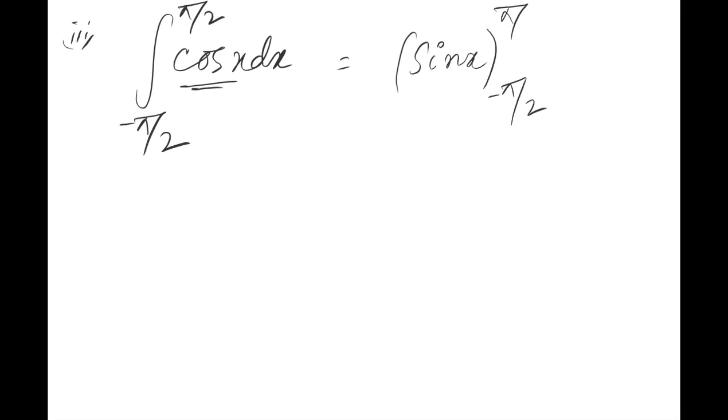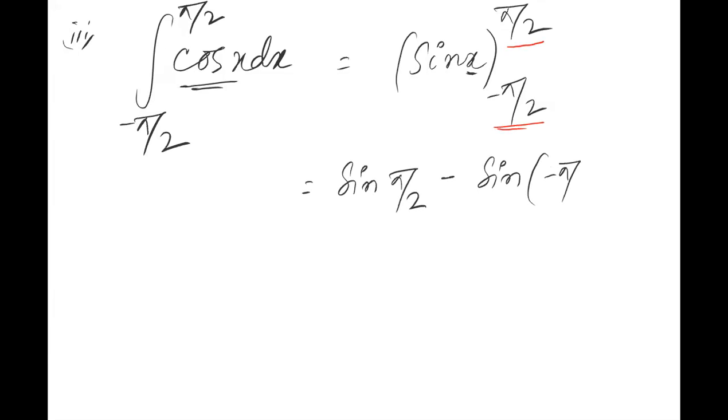Now we will substitute the value of x: first the upper value, then the lower value. Is it clear? So you will write sine of pi by 2 minus sine of minus pi by 2.